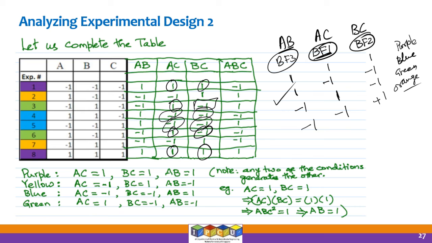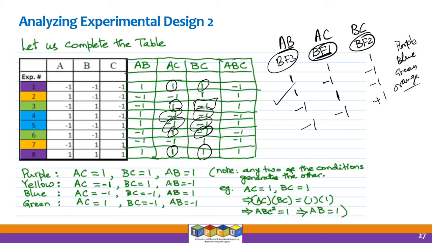So what it says is if AB is equal to +1, it is going to be either purple or blue. If AB is equal to -1, it is going to be either green or orange.